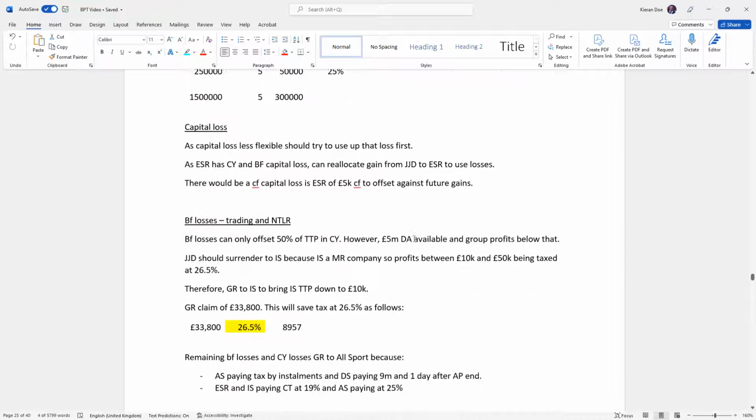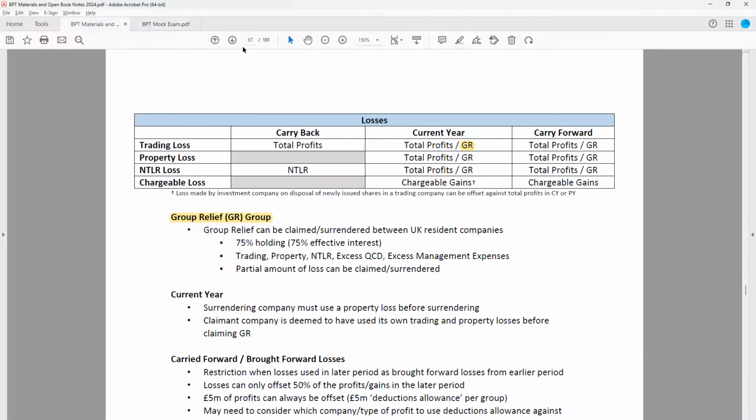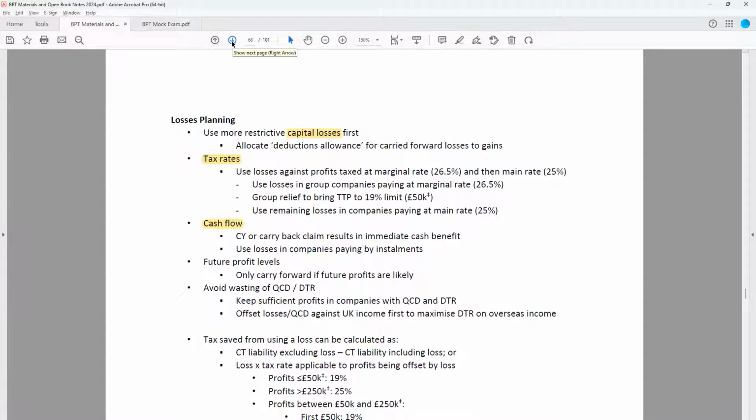So then thinking about how to use a loss, this is very technical, particularly with some of the tax rates, but you can kind of see which issues were most relevant here. We had to think about using those capital losses. In a question where there aren't capital losses, don't suggest using the most restrictive capital losses first because there aren't any capital losses. So the examiners, that's the thing they get most frustrated about.